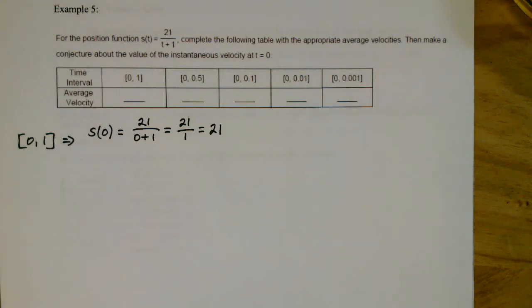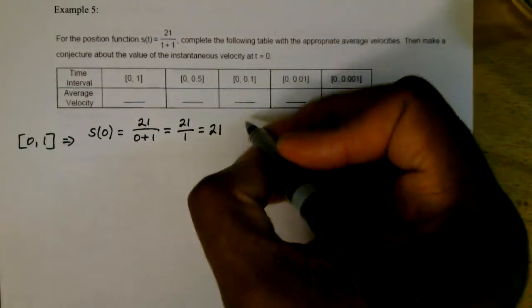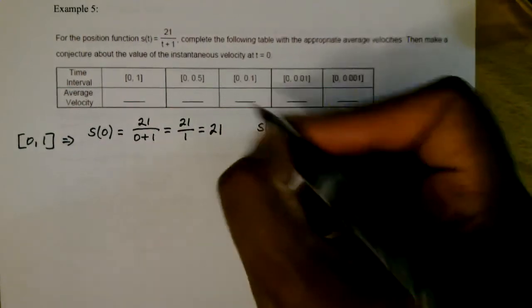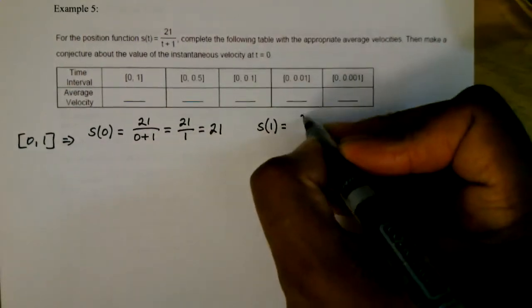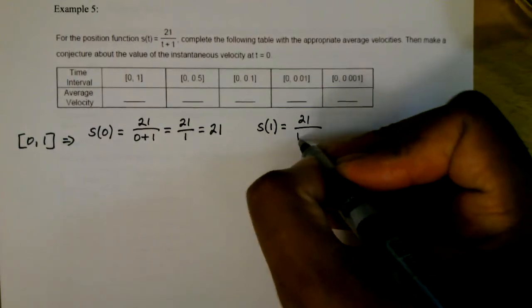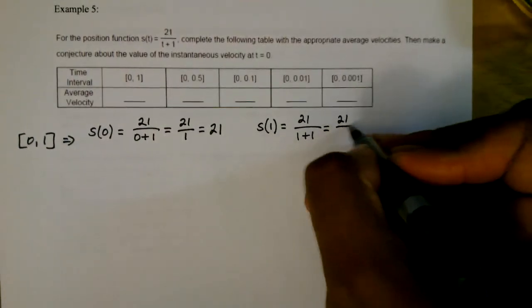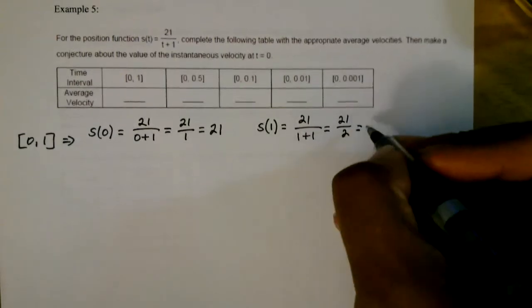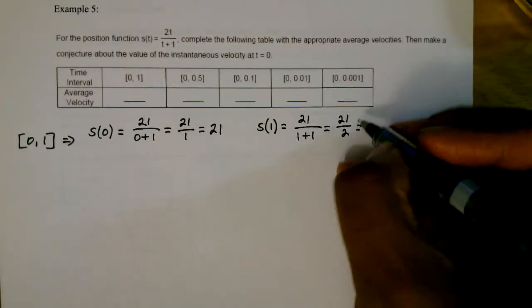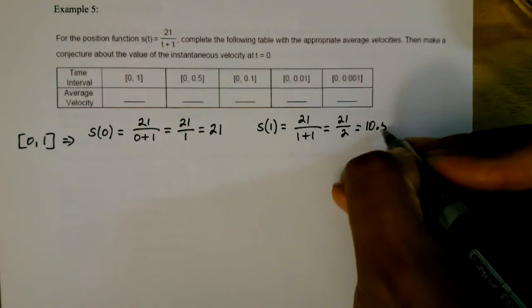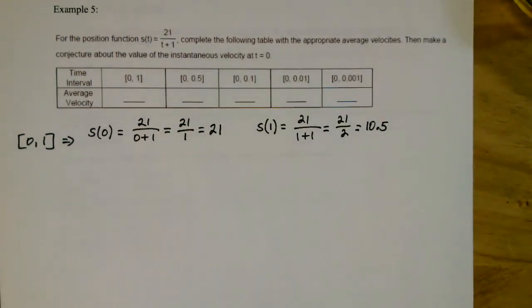And then for S of 1, this time t is going to be equal to 1, so it'll be 21 over 1 plus 1. 1 plus 1 is 2, so 21 divided by 2 is going to be 10.5. So at S of 1, I'm going to have 10.5.